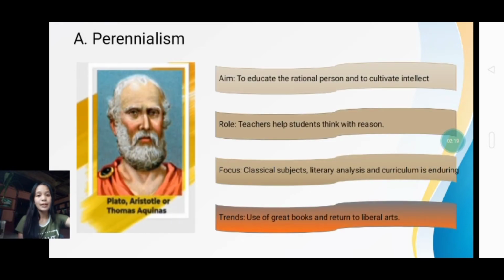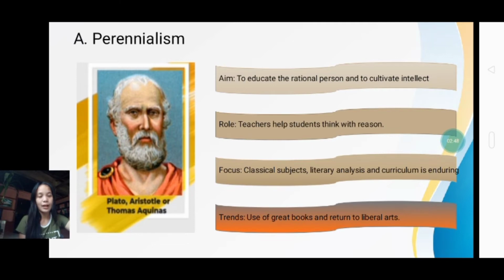Let's start with perennialism, by Plato, Aristotle, and Thomas Aquinas. Perennialism teaches concepts and focuses on knowledge and the meaning of knowledge. The aim of education is to educate the rational person and to cultivate the intellect. This is the main aim of perennialism.